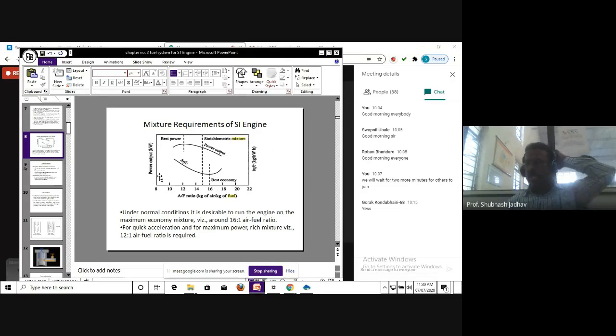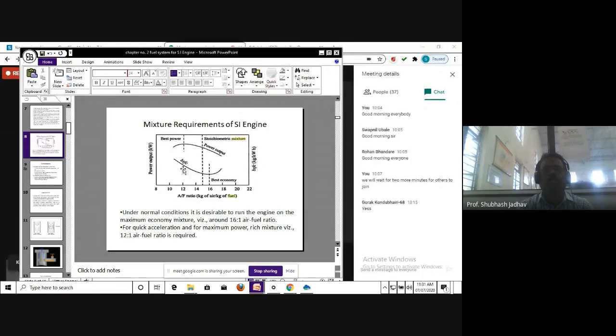Now, this again you can compare with the bike. Suppose you are using a certain bike which has higher power, then they will be set for an air fuel ratio in this particular range. But if you use a bike like a Splendor, which is considered to be having high economy, then that will be set to this particular air fuel ratio.